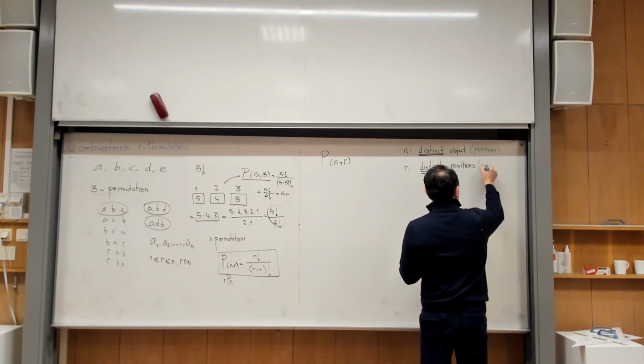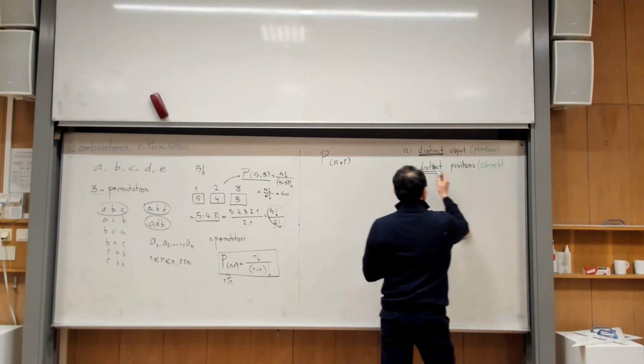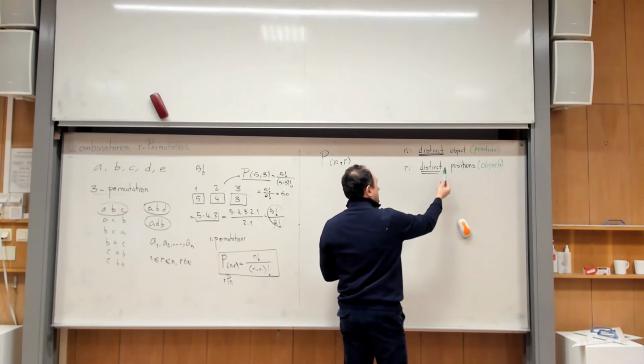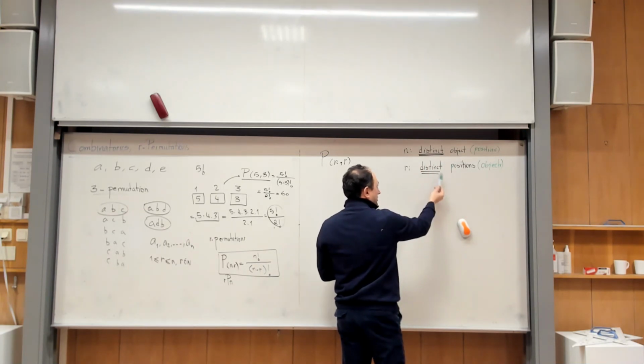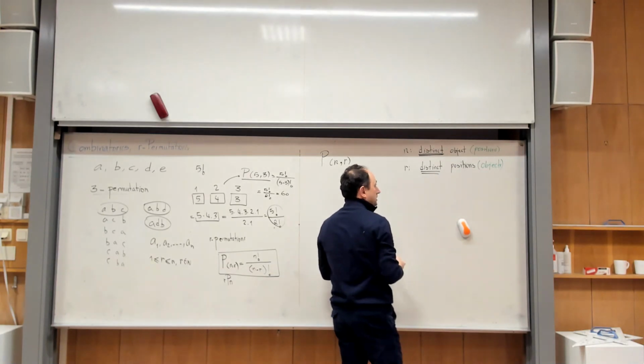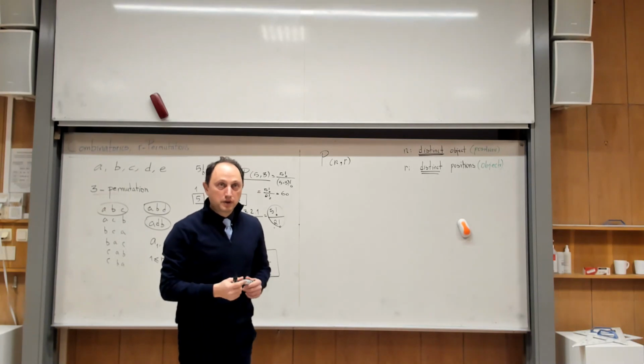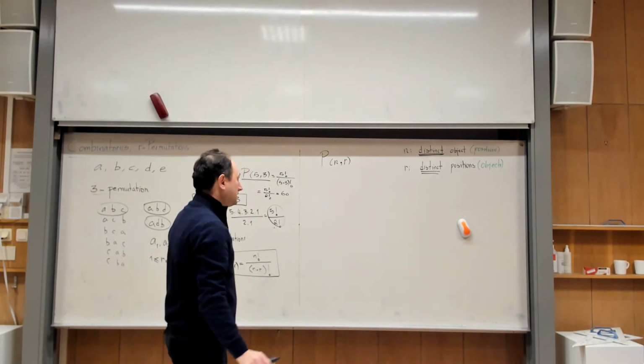And usually, I really want you to understand it in both cases. So it doesn't matter if the number of objects is larger than the number of positions, or the number of positions is larger than the number of objects. In any case, you can use this formula. Okay, but one of them is a little bit strange.